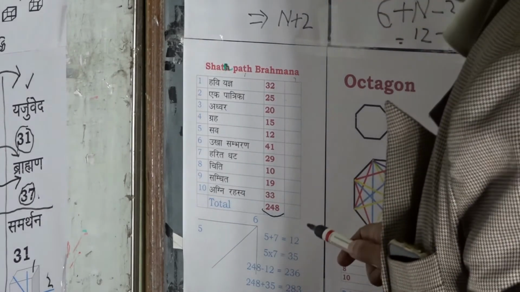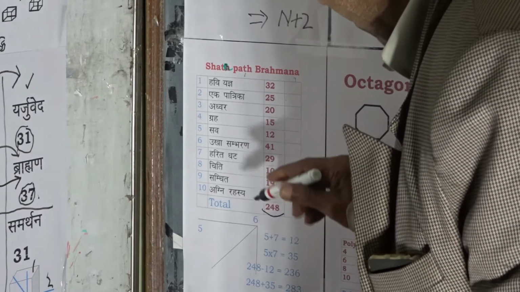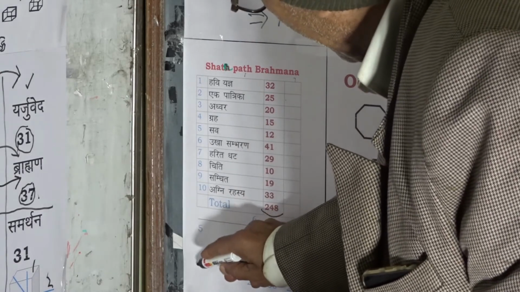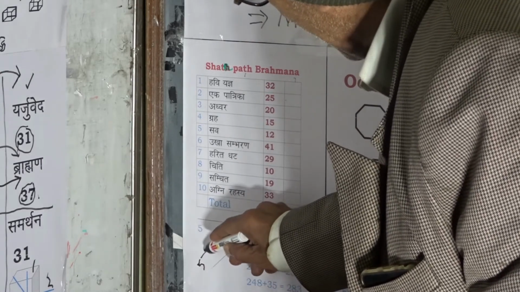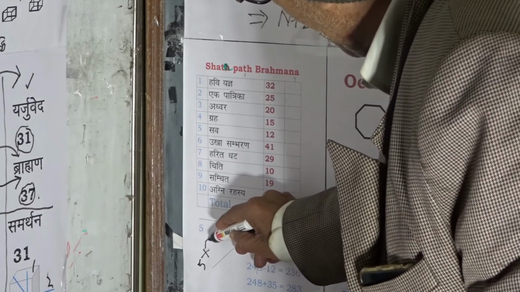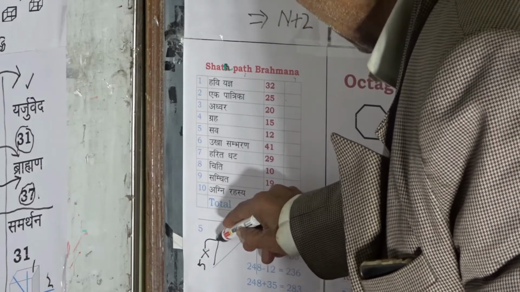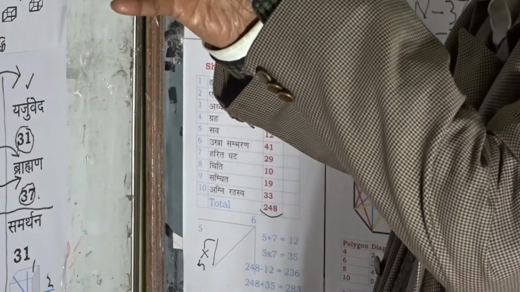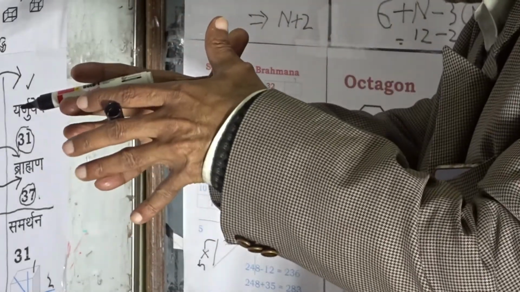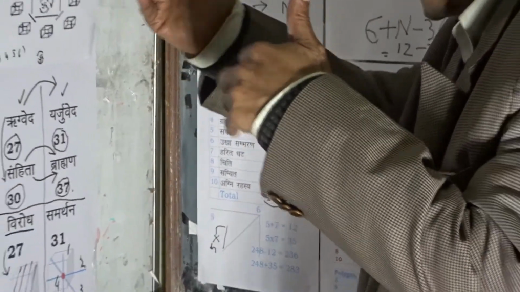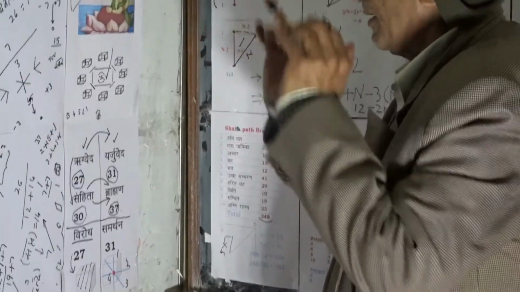You see the 248. Now, if we are along a 5 cross 7 grid, that means if we want to reach from our sun, Surya, a 6-space body, to its center, a 7-space, meaning the pole star.